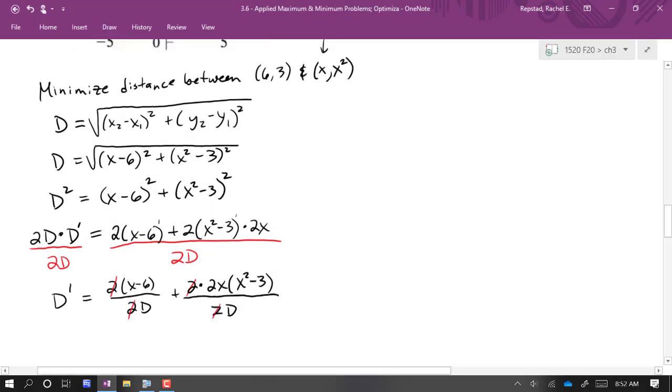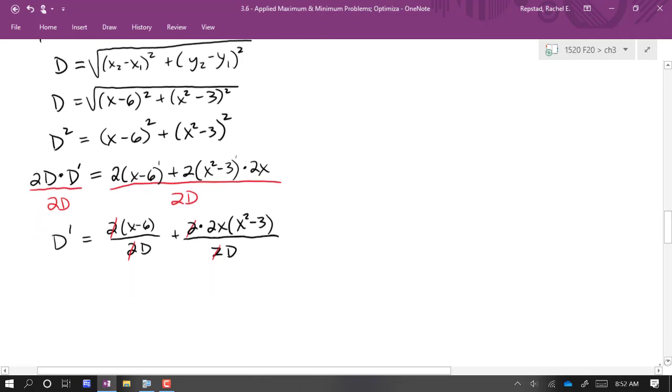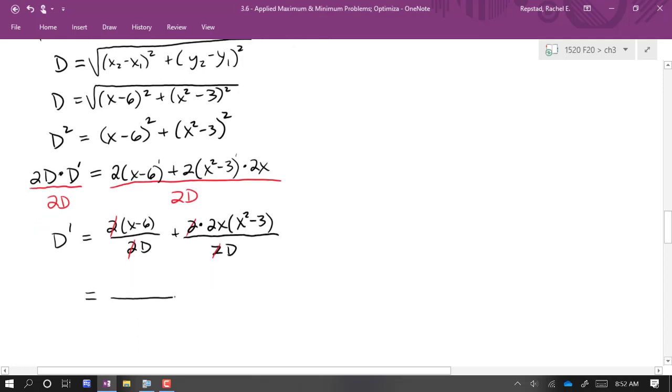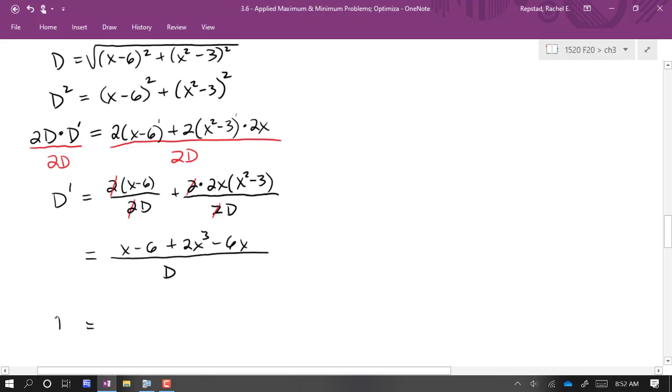And now I've got a common denominator of d. Up top I have x minus 6 plus 2x cubed minus 6x. So all together, simplifying, d prime is 2x cubed minus 5x minus 6, all divided by d.